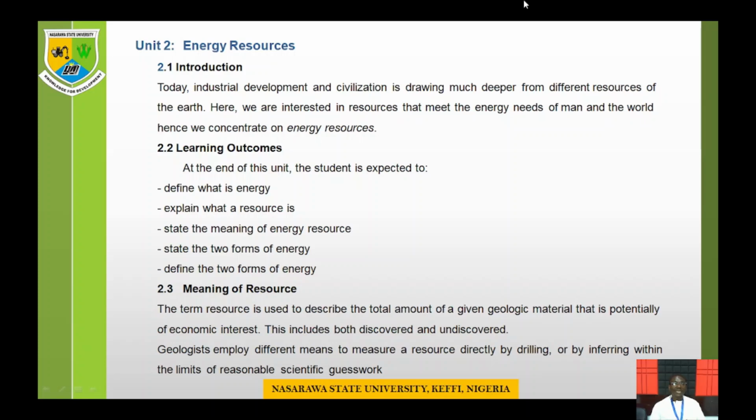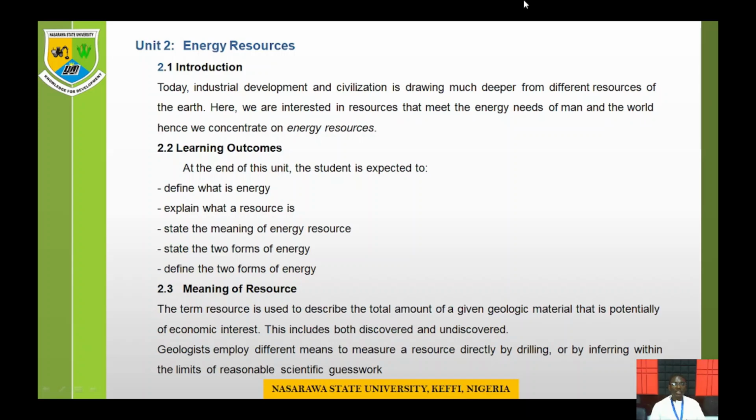You are expected as a student to define what energy is, explain what a resource is, state the meaning of energy resources, and then state 2 forms of energy. Ultimately, you should also define the 2 forms of energy.